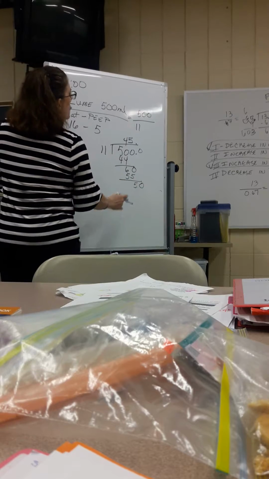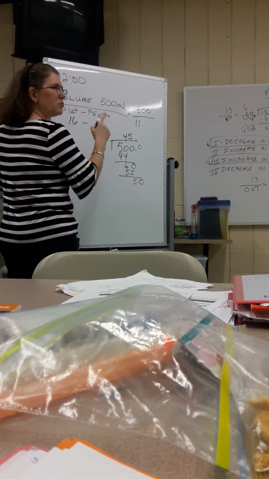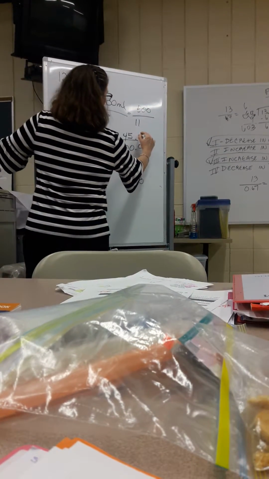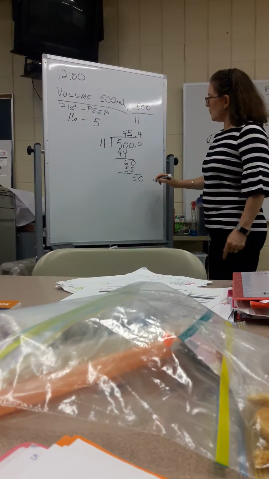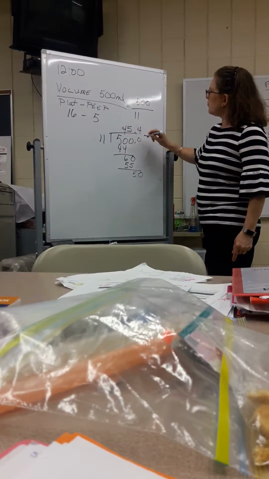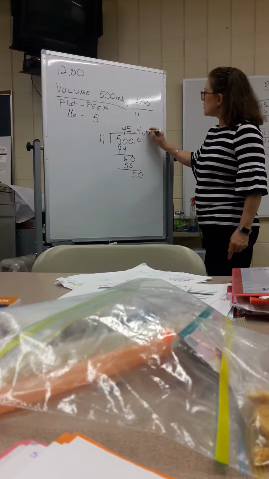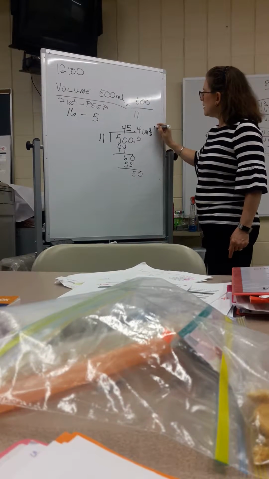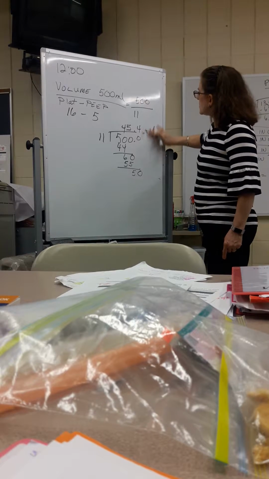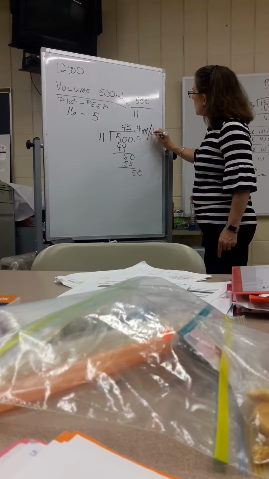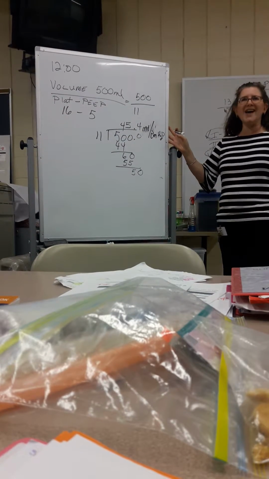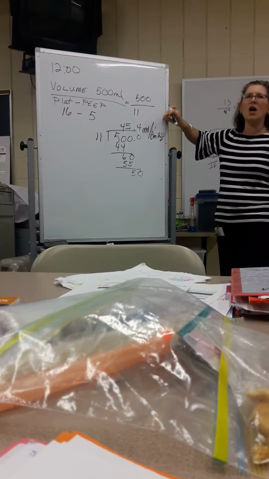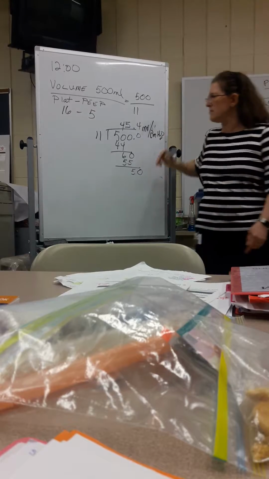When do you stop adding the zeros? Enough right now, I'm just going to go over just one. 4 times, 11 into 50, 4. So roughly, my compliance is 45.4 milliliters per centimeter of water. That's my compliance at 12 o'clock based on those factors, okay?